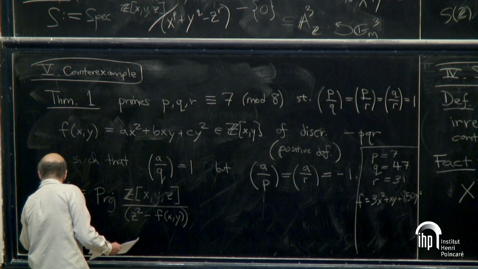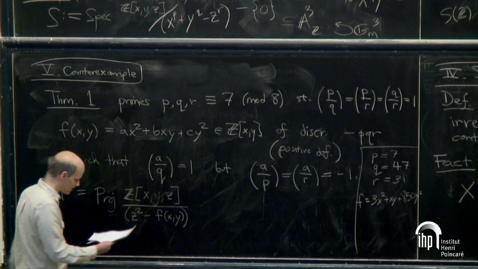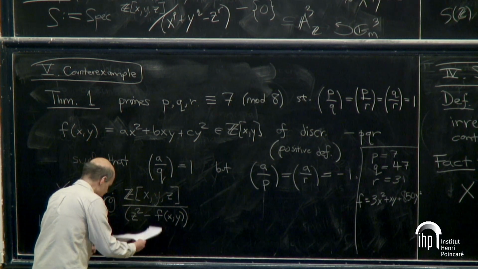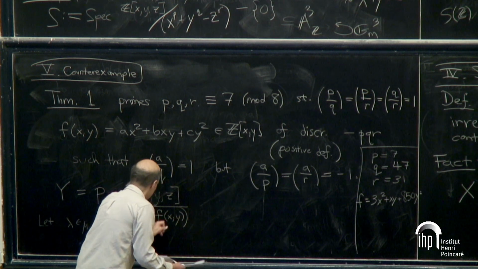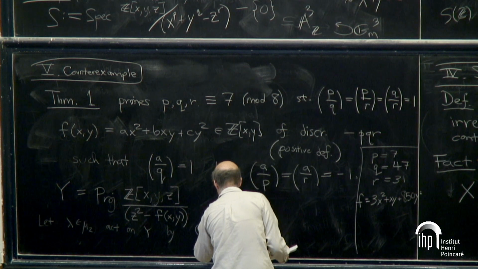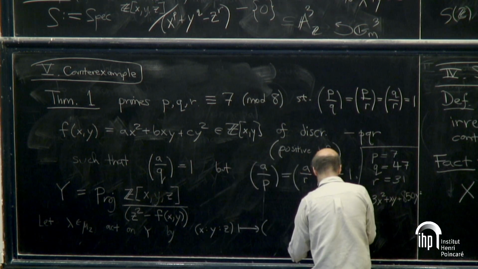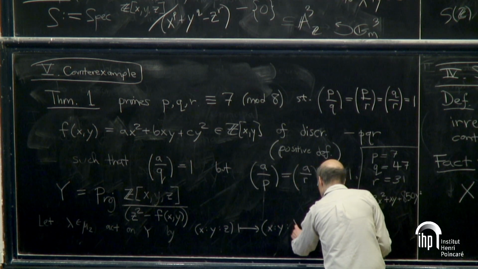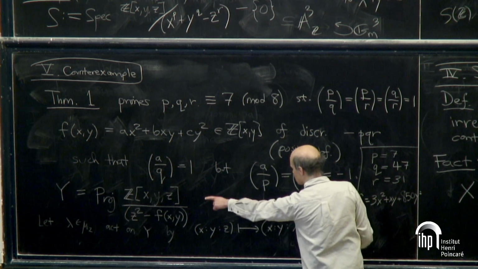But now there's a mu2 that acts on this conic. If you have an element of mu2, you can let it act on Y by changing the sign of z, sending each point on this projective scheme to its multiple by lambda, where lambda squared is 1.